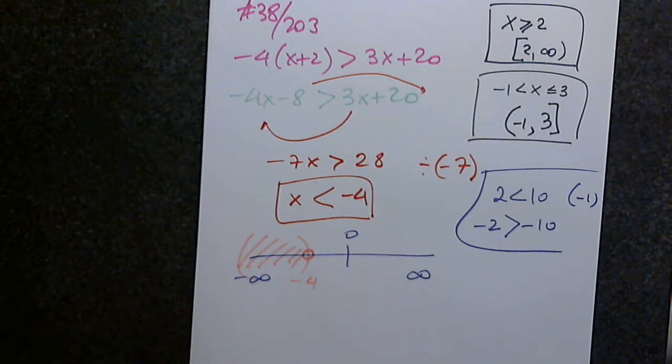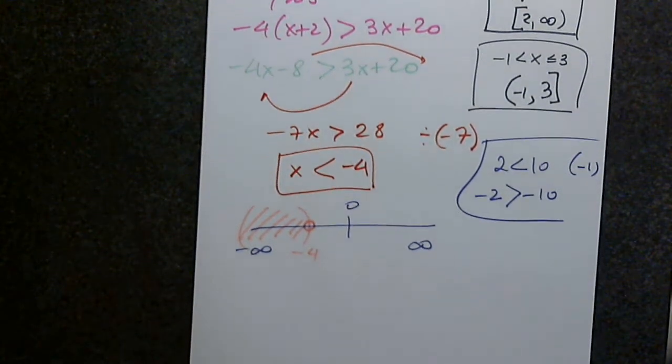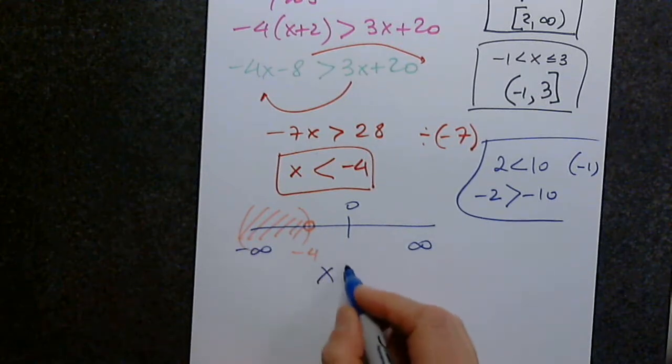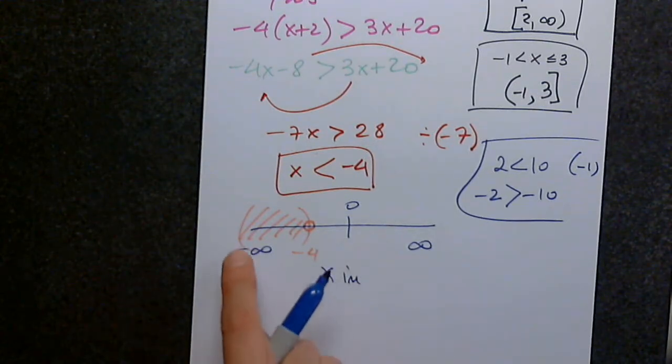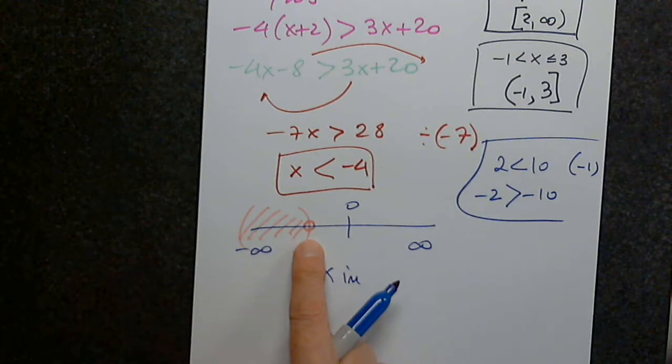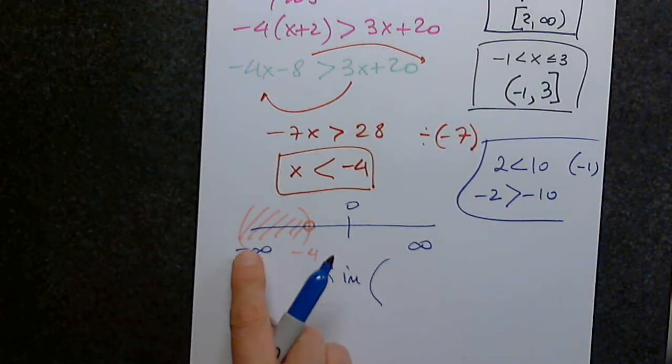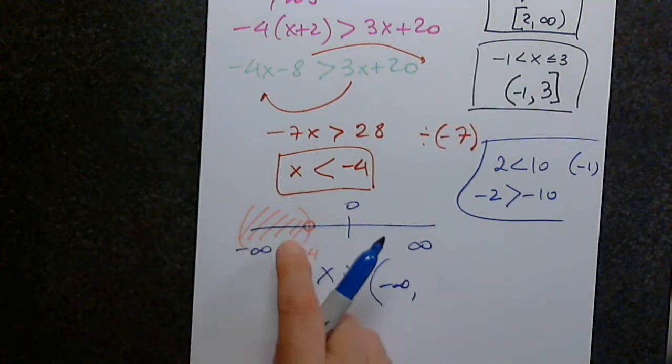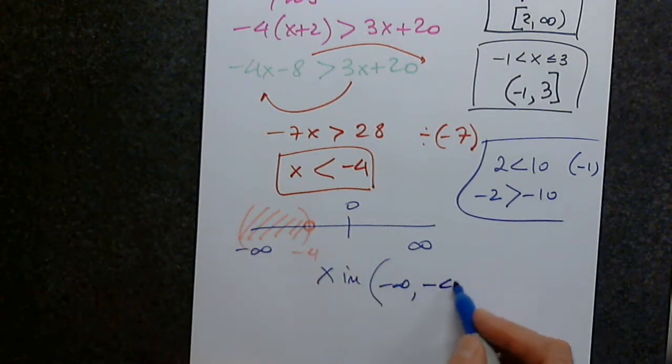So then, can anyone give us the interval notation for the solution? X is in the interval, parenthesis, comma, with a bracket or parenthesis? Correct, because there is no equal sign.